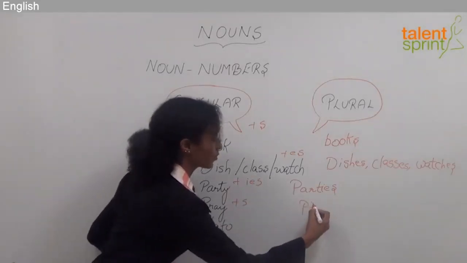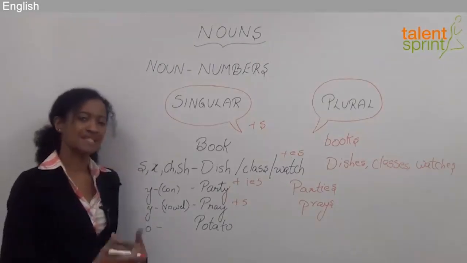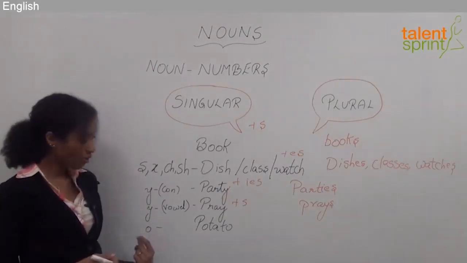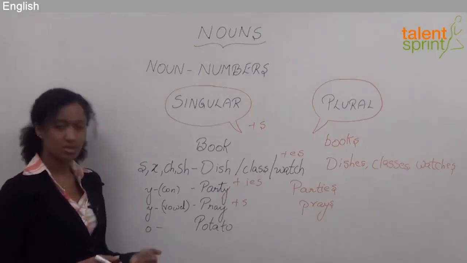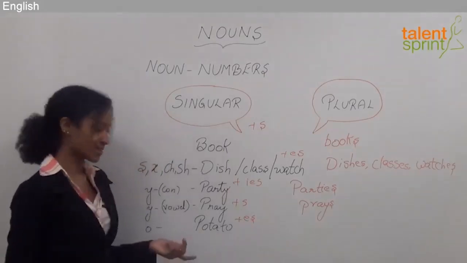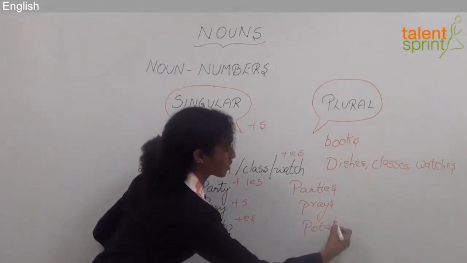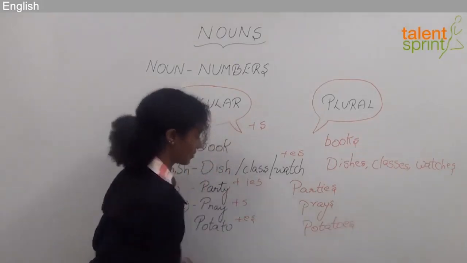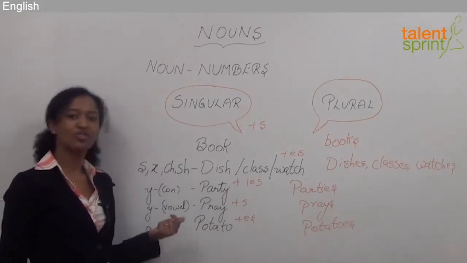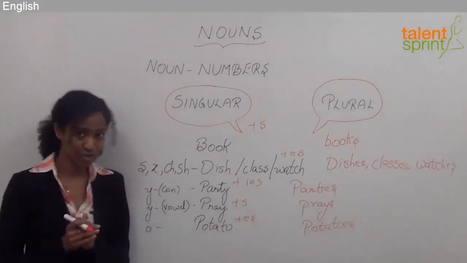So this will be pray, prays, or stay, stays. Now words that end with o preceded by a consonant will have to be added with es. So potato will become potatoes. Tomato will become tomatoes. Now for further formation of plural nouns, I would want you to refer to your trainee guide.